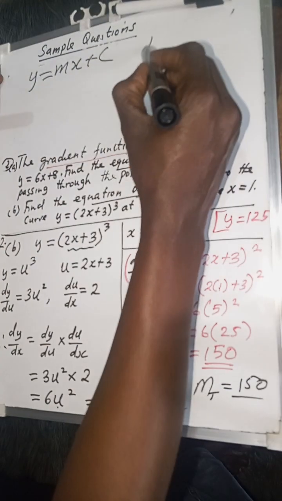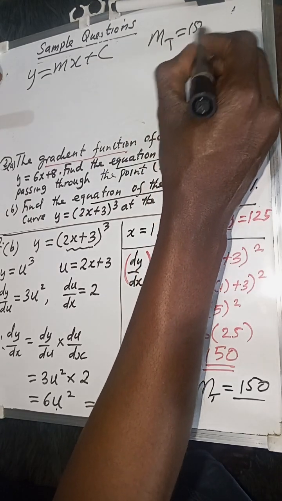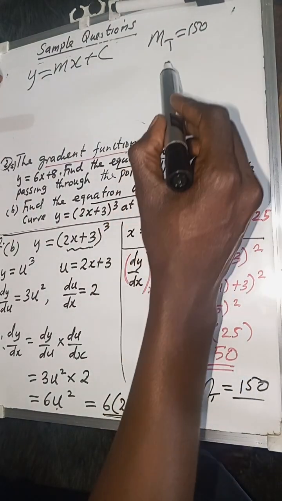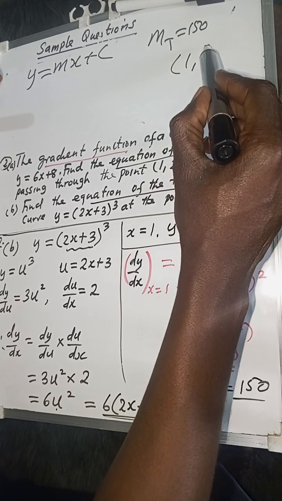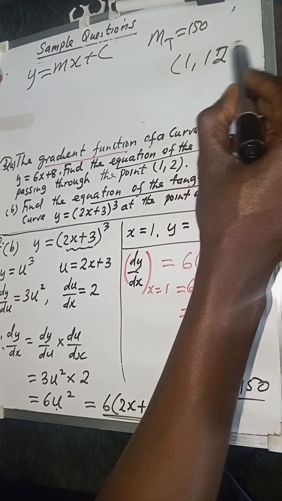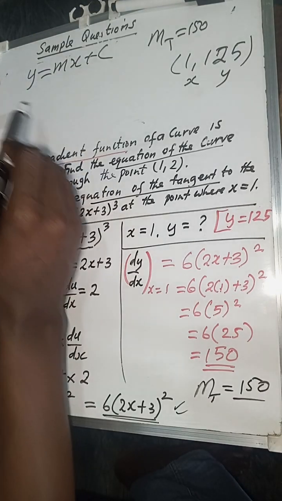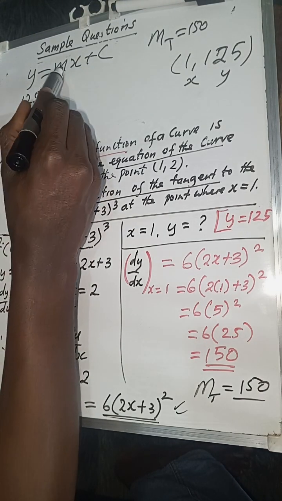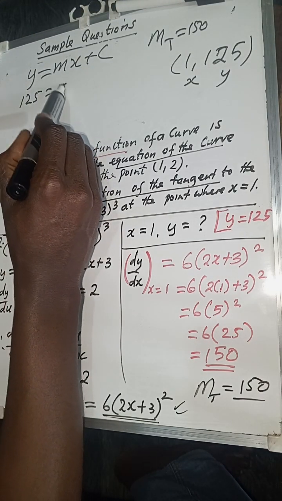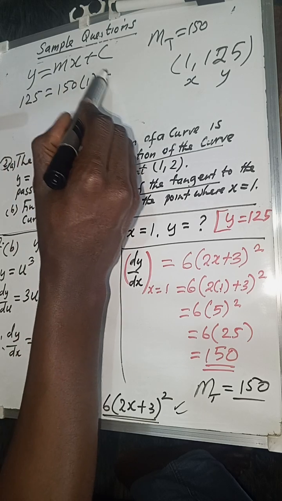So you know the gradient of the tangent is 150. Then remember the coordinates we have there, x is 1, y is 125. So this is x and y. So we replace, that will be 125 is equal to the gradient 150 times 1 plus our c.